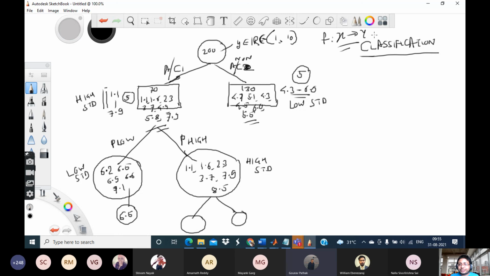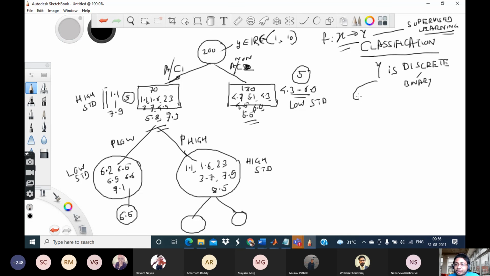But this is just supervised learning, this is not classification. Classification is a subset of supervised learning. When do I call supervised learning classification? When the target label is discrete. When the label space is discrete, then I go for classification. Now this discrete may mean binary also, or it may not. Binary classification is a special case of classification, but it need not be binary.